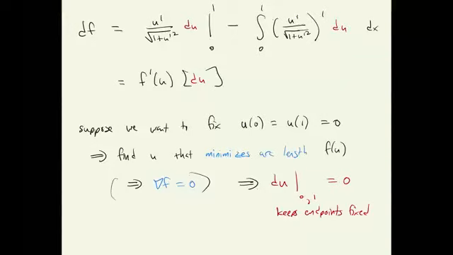And then what happens is that the boundary term disappears. What was it? u primed over square root of 1 plus u prime squared, times du, taken at 0, 1. This is now just 0, because we fixed the endpoints.